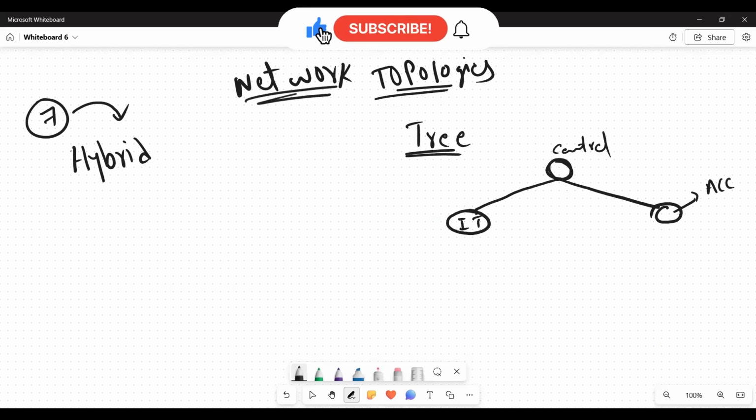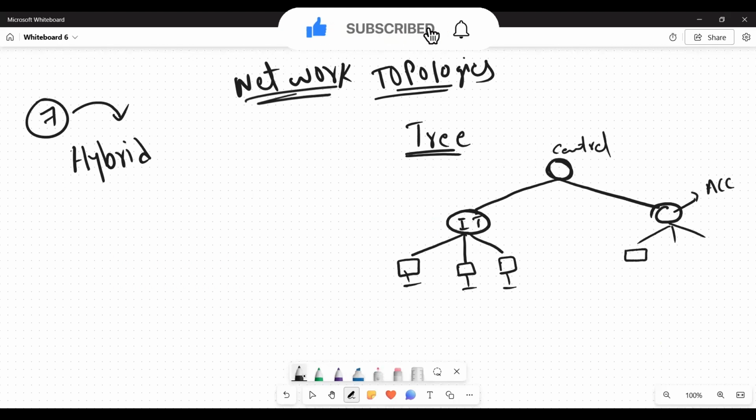The accounts department has three endpoint devices, and the IT department also has three other devices.